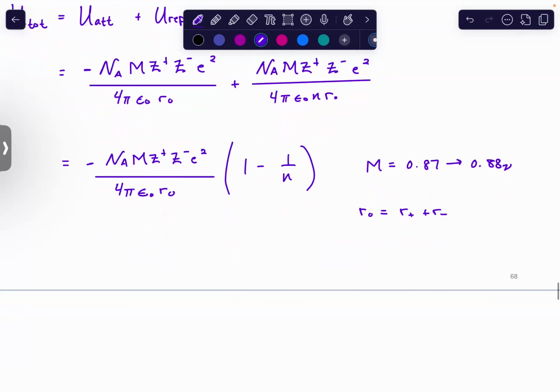So one thing Kapustinskii did was he made an approximation. The 1 over n is doing something that ends up giving a measure of crystal compressibility. But he ended up setting a common distance.